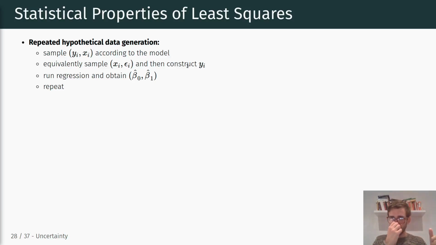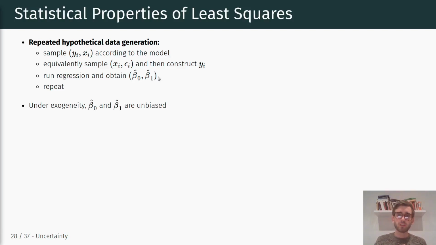Essentially, that would imply repeating the data generating process and then running a regression and obtaining our beta 0 hat and beta 1 hat for one specific data generating process, for one specific sample. But we could repeat that process and think about a sampling distribution of our regression coefficients across repeated data generating processes, right?